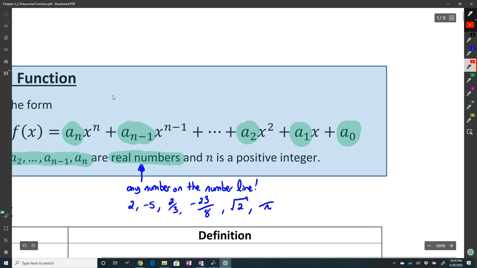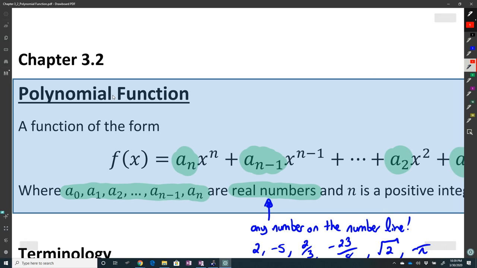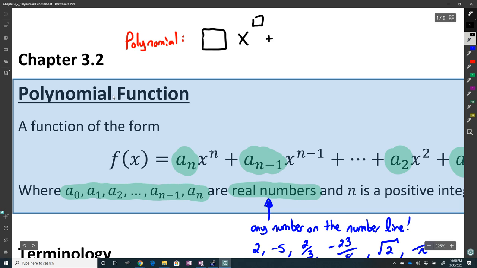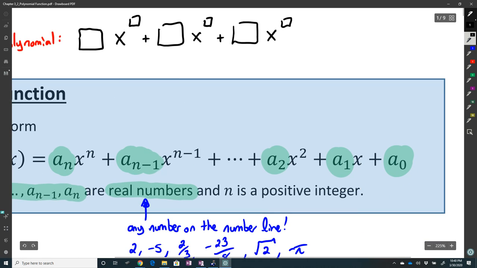All right. So a polynomial, as you probably saw me write down earlier, is basically going to be a number times x and then an exponent, plus a number, x, and then an exponent, plus a number, x, and then an exponent. And that keeps on going forever. Well, it doesn't have to, but it can keep going forever.